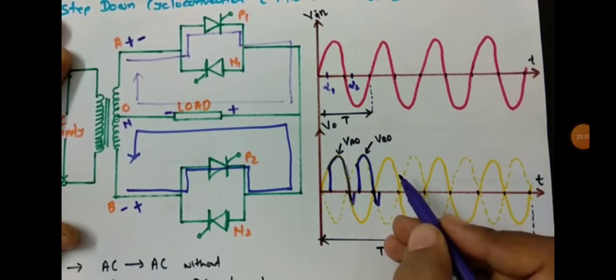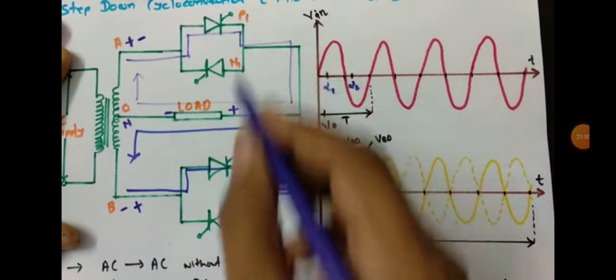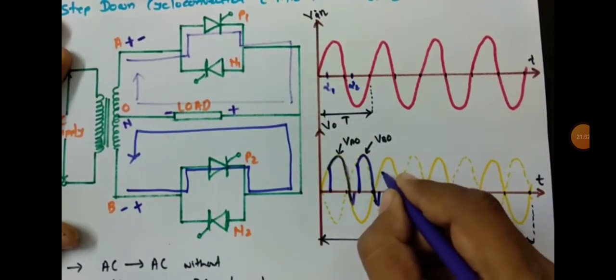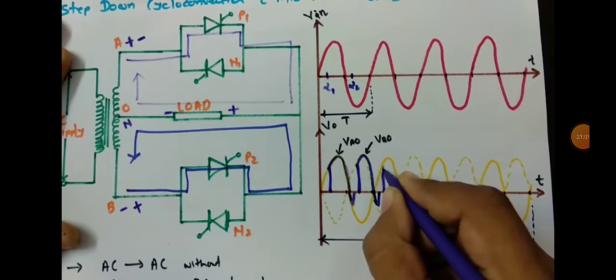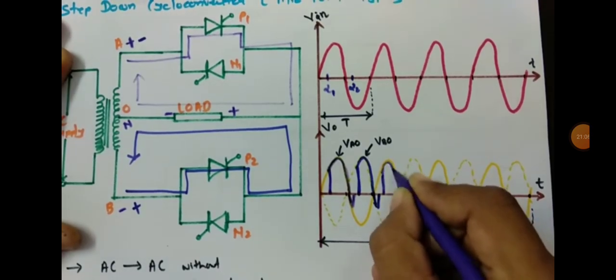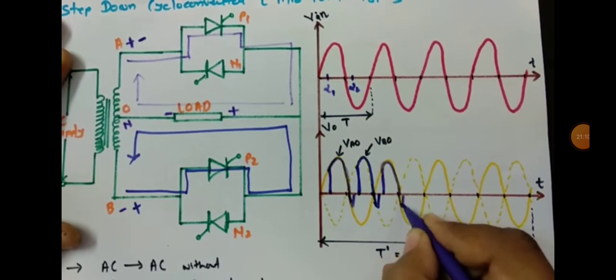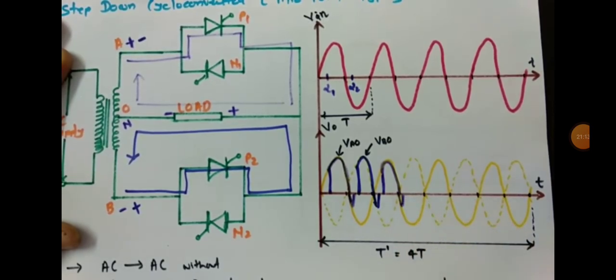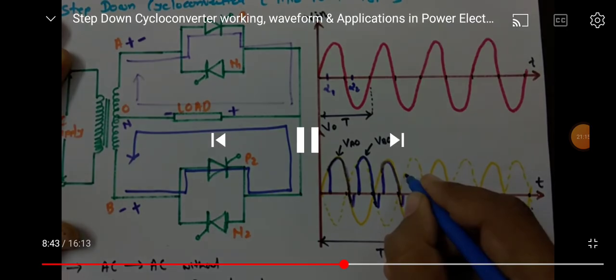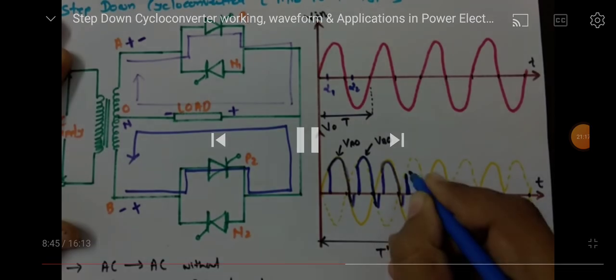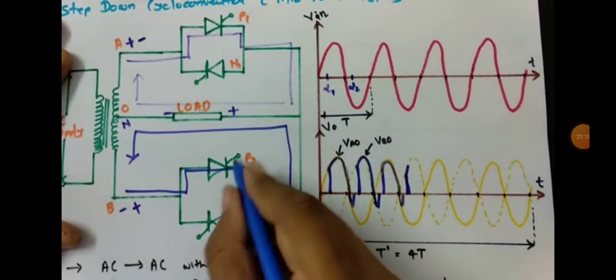During the positive half cycle we trigger P1 to get the positive half at angle alpha, and a negative spike appears due to the inductive load, and during the negative half cycle we trigger this P2.